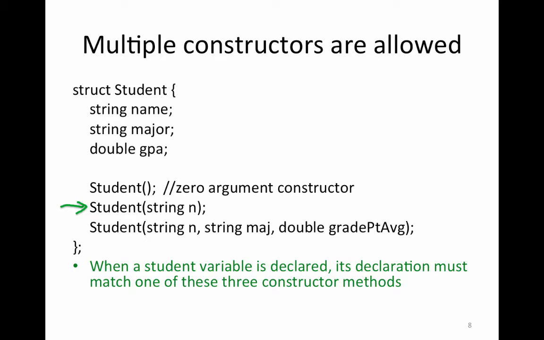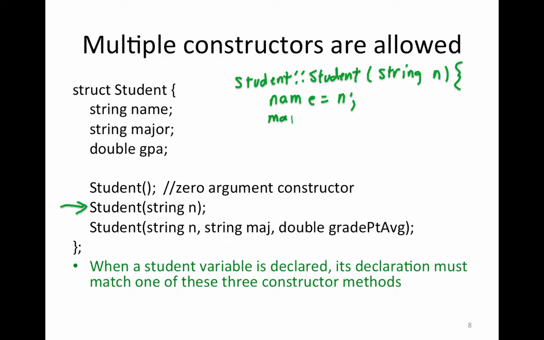So this one, when you define it, you might say name equals n, major equals undeclared or undecided. Say undecided. And the GPA is 0.0.